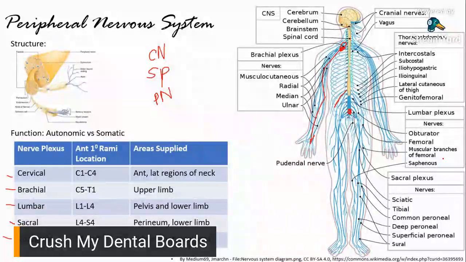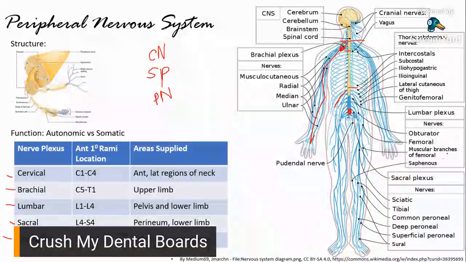Okay. So these are arranged according to areas. So cervical, you have your thoracic region right here. You have your lumbar area, and then your coccygeal area.